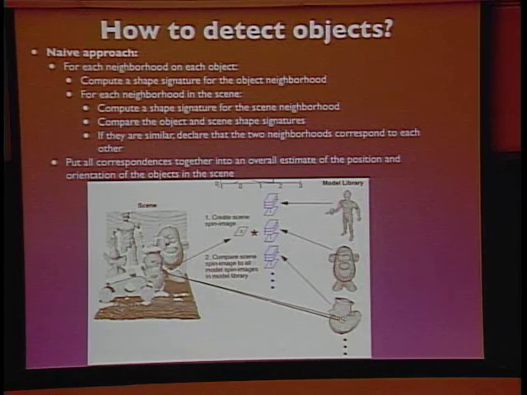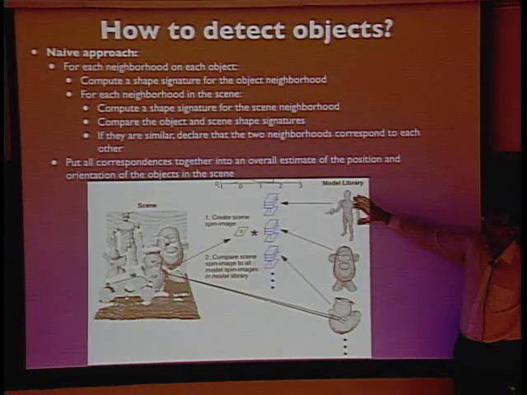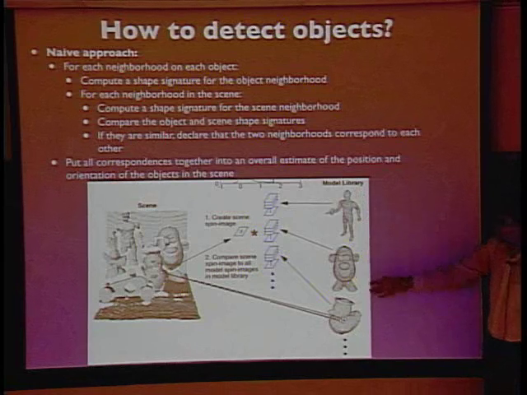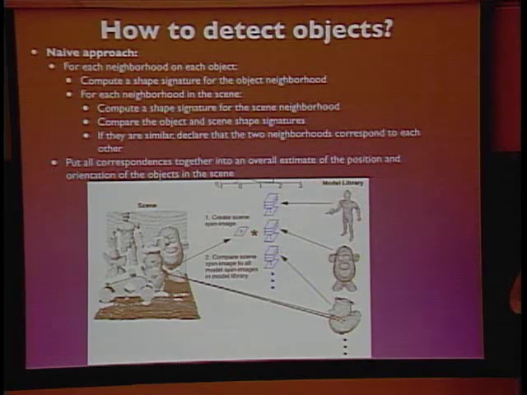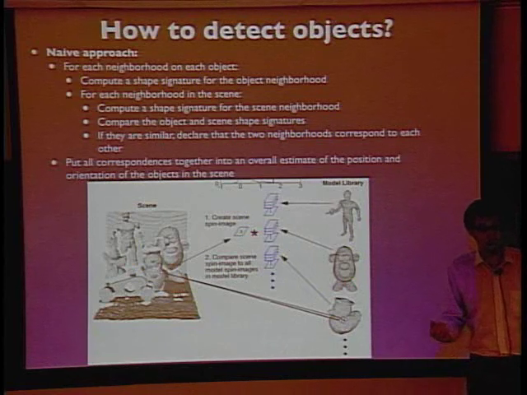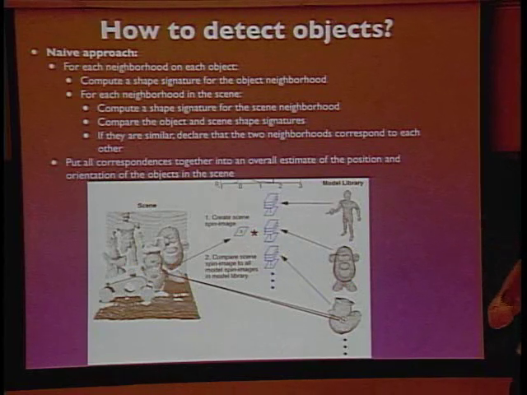You're going to have some set of shape representations for your set of 3D models of interest. This is called a model library, the notion being that you have a database of 3D models, in this case of various kinds of toy things, but for more practical applications you can think of CAD models of furniture, CAD models of industrial parts, CAD models of various vehicles for a military application.